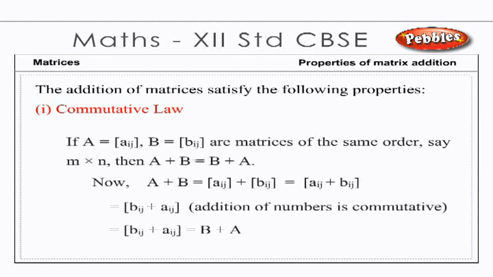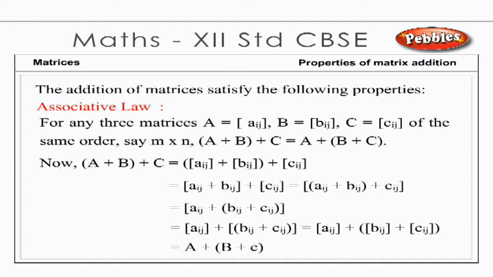Commutative law: if A = [Aij] and B = [Bij] are matrices of the same order, say M cross N, then A plus B is equal to B plus A. Associative law: for any three matrices A = [Aij], B = [Bij], C = [Cij] of the same order, say M cross N, (A plus B) plus C is equal to A plus (B plus C).